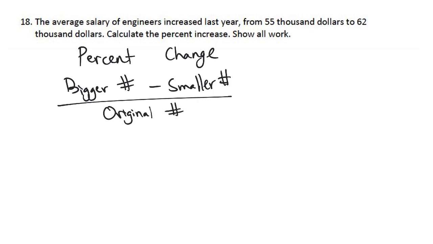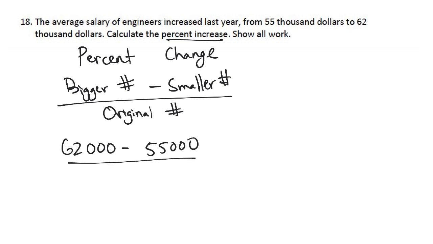In our case, we're dealing with a percent increase here. So our bigger number is 62,000. Our smaller is 55,000. Now the original number, because we increased from 55,000, is 55,000.